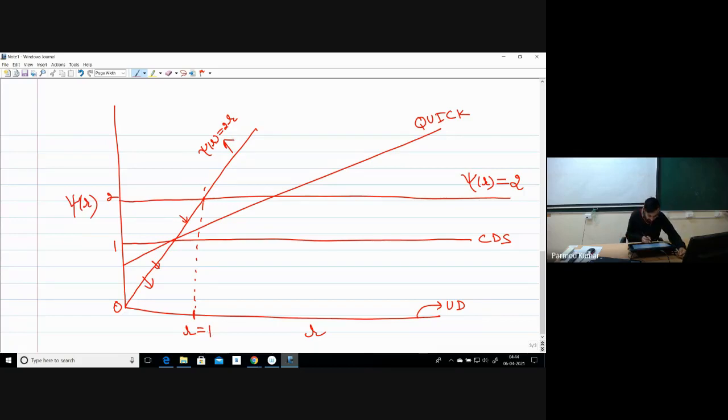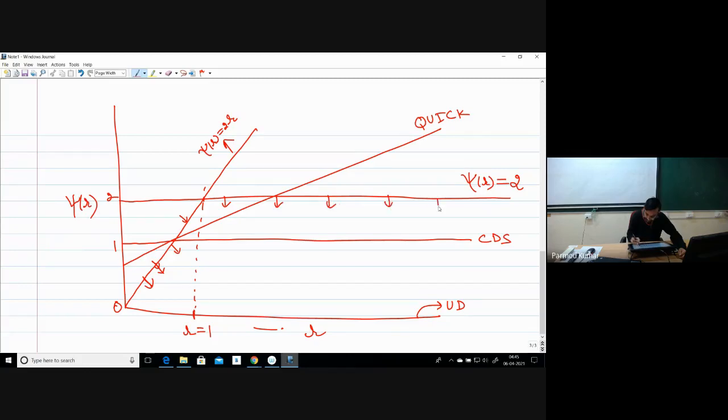So I told you that when r is less than or equal to 1, my value of psi has to be less than psi equal to 2r. And when r is greater than 1, in this region my limiting value is psi equal to 2, so it has to be less than this.